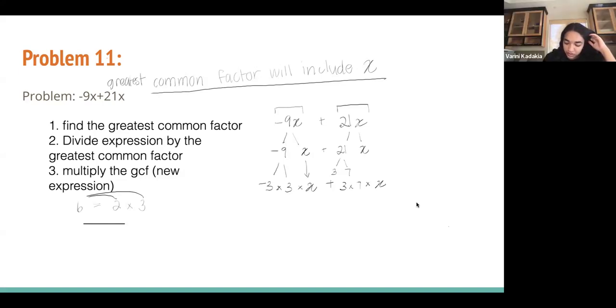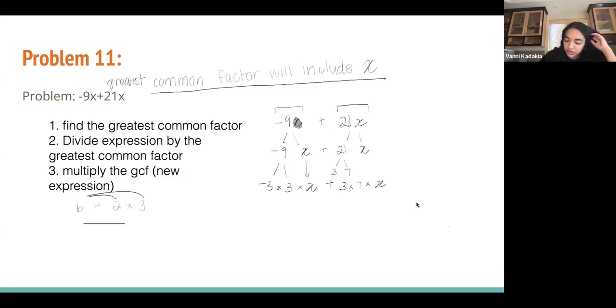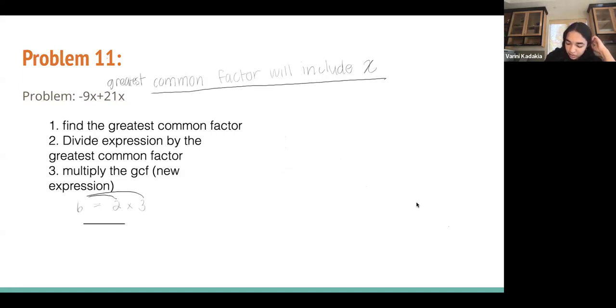If we pretend this x is not here, and we wanted to factor the numbers negative 9 and 21, okay, I guess this is a better way to explain it.